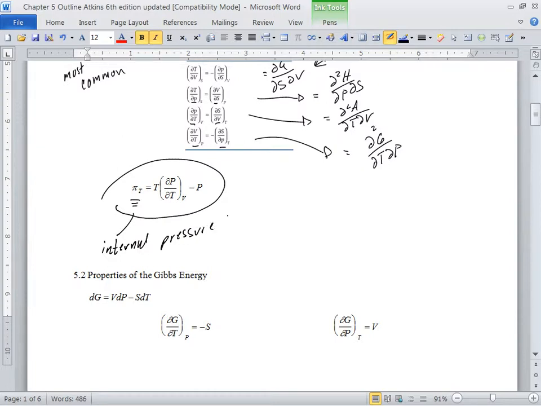For a perfect gas, the internal energy was independent of volume, and that was one of the key ideas. I don't remember the homework that well. Oh, really? That's why it's in there. Yes, internal energy is independent of volume.